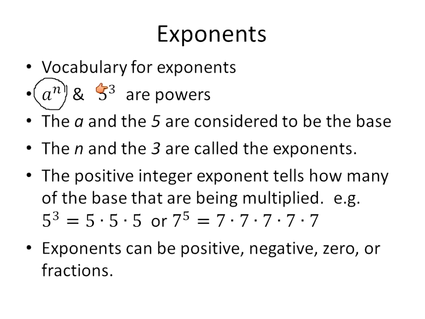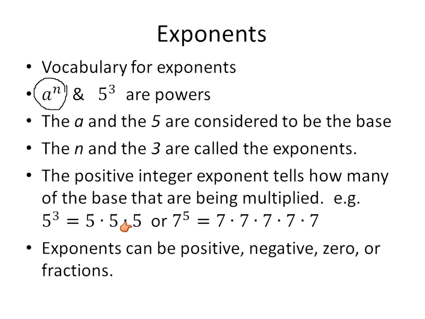And then I noted that the positive integer tells us how many of the base are being multiplied. So if I have 5 to the third, that exponent, that positive 3, tells me that I need 3 5s. You can see that 1, 2, 3 5s, and I'm multiplying them.